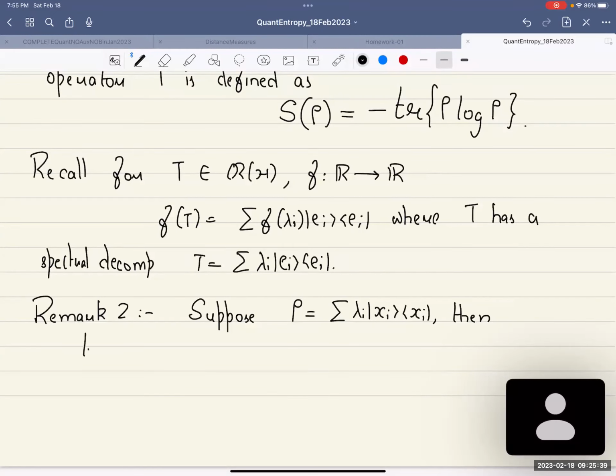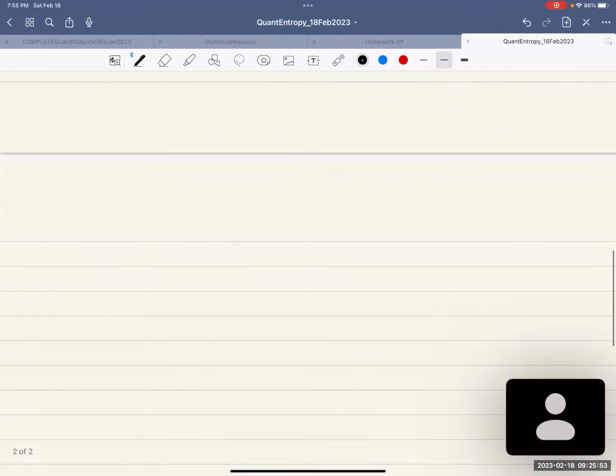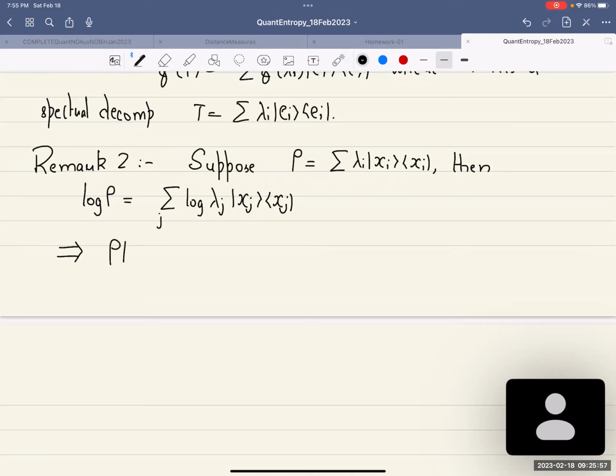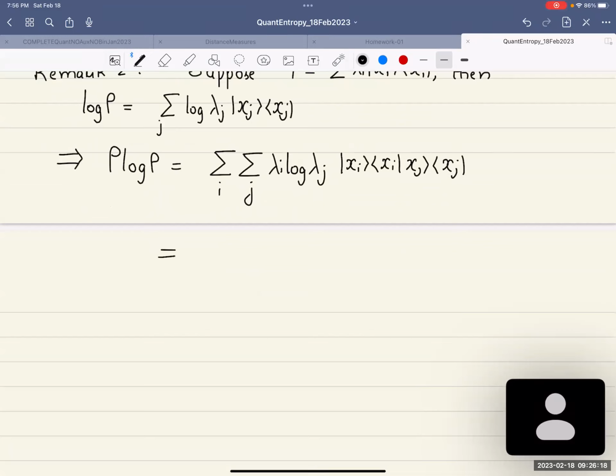Then log rho is summation log lambda_j x_j x_j. This implies that rho log rho is the double sum over i, j of lambda_i log lambda_j x_i x_i x_j x_j. Because this is a spectral decomposition, I can write this as summation lambda_i log lambda_i x_i x_i.